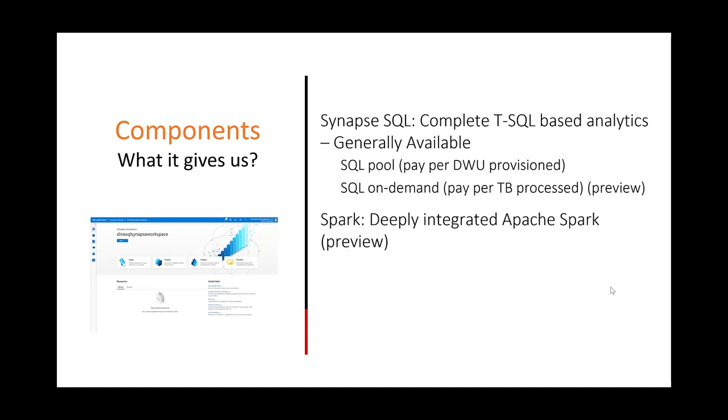Now, you don't need to go into a different environment for processing semi-structured and unstructured data when it comes to Azure Synapse. It is available as an integrated component. So everything you have been doing with Azure Databricks can be done with the Azure Synapse Spark component.